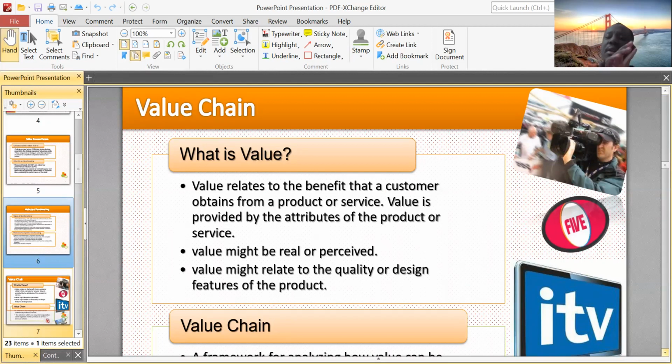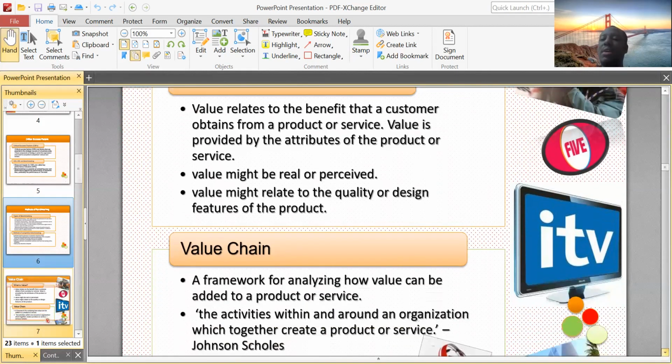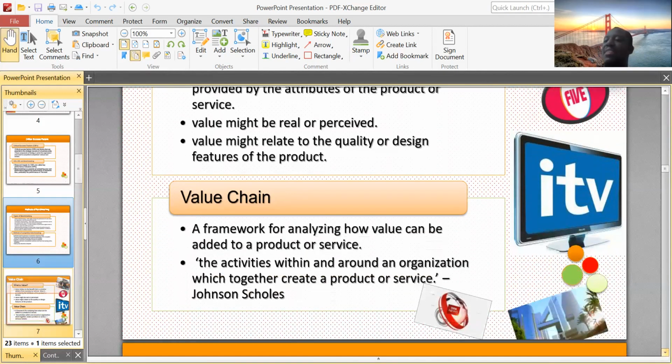The reason why I'm defining value is because we need that to understand the value chain. So keep that at the back of your mind. Value relates to the benefits that a customer obtains from a product. So if that's value, then what's the value chain? When you hear the word chain, it means processes.